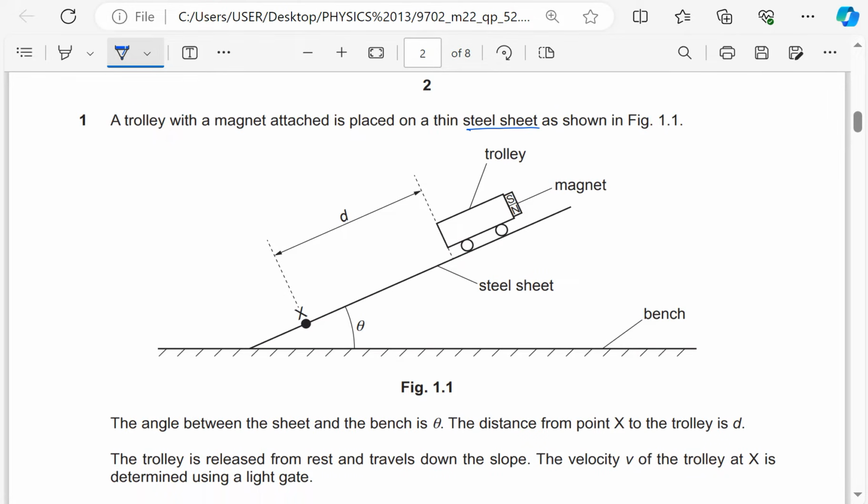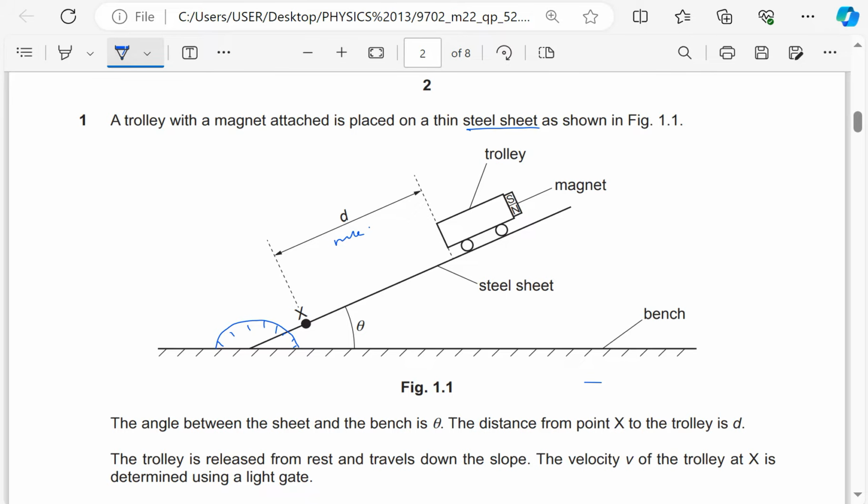Okay, so when I look at the figure, first of all, I know that there is an angle here to be measured, so I will need a protractor to measure the angle theta. I will need to measure distance d, so I will need a ruler to measure distance d.